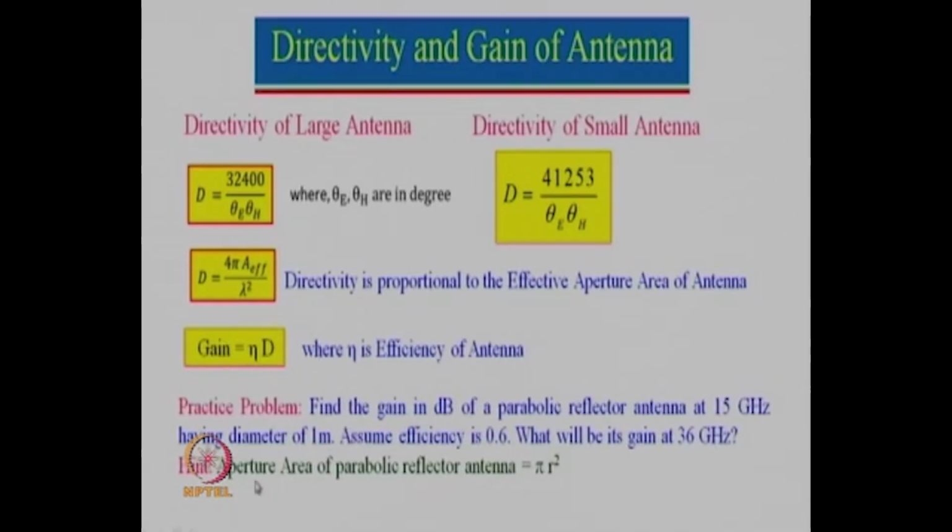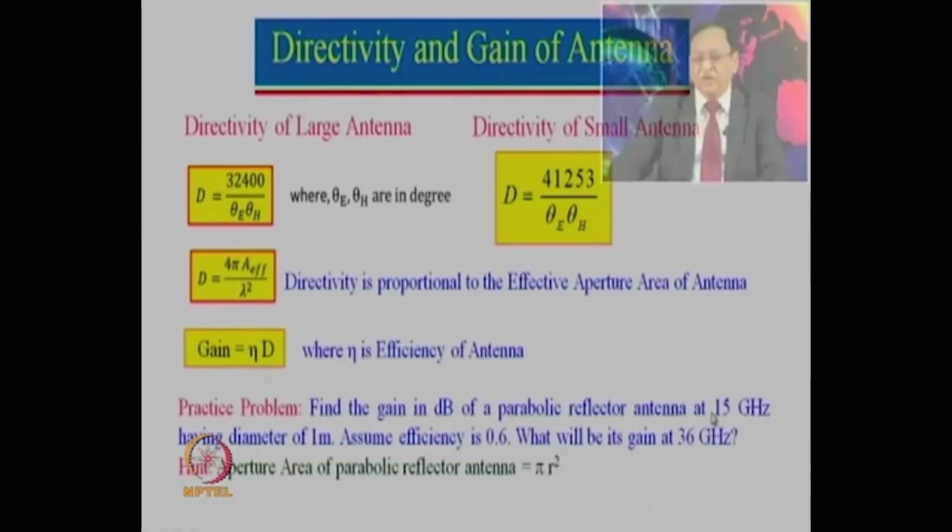If the diameter is 1 meter, what will be the aperture area? Well, aperture area is given by pi r squared, r is radius. In this case diameter is 1 meter, so r will be 50 centimeter. Now A is known. What is lambda? Lambda has to be calculated from the frequency.